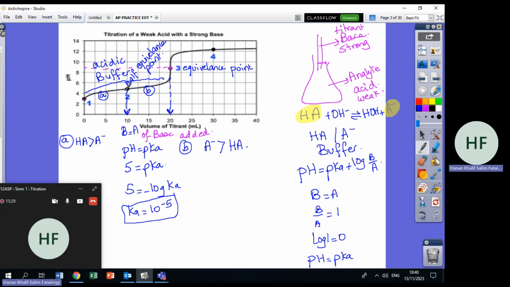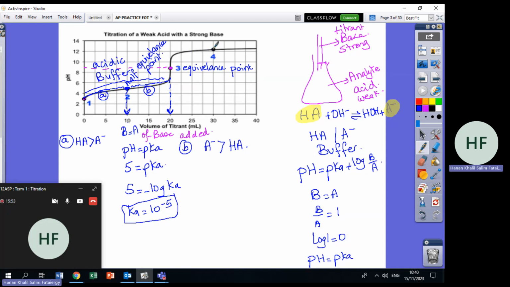If this is before the half equivalence, all this area, then HA is more than A minus. After half equivalence, all this area, A minus is more than HA. At the half equivalence point, HA and A minus are equal. So we use this point to find the Ka of the acid.